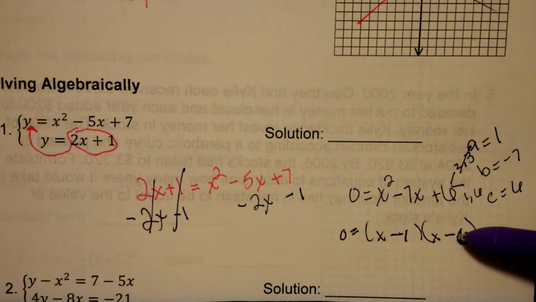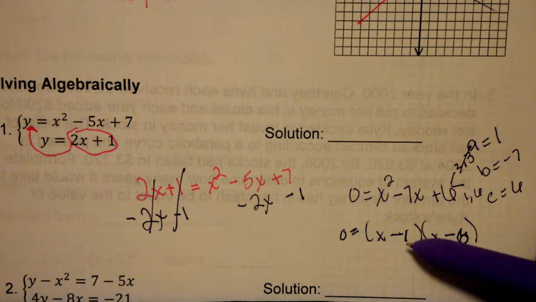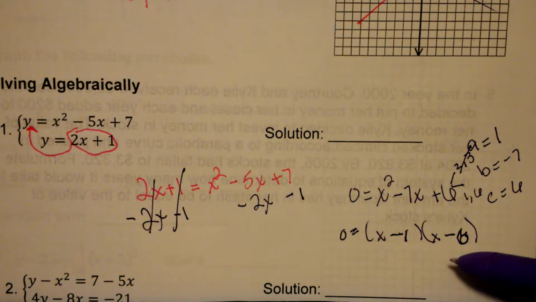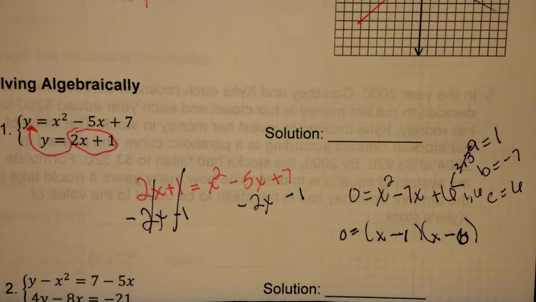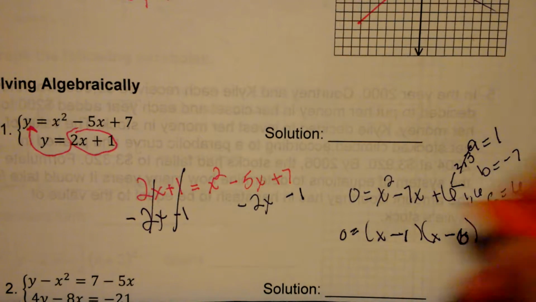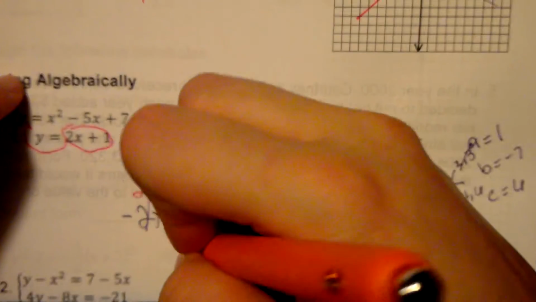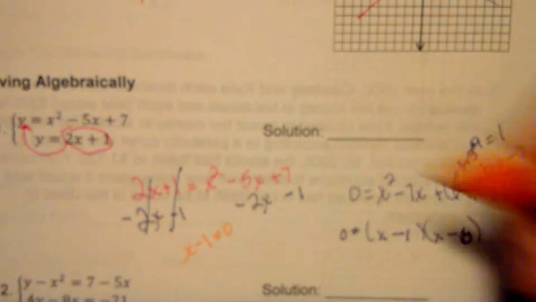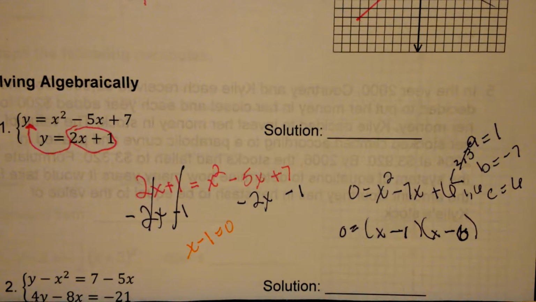So I'm multiplying two things that equal 0. So either one of them is 0, or they're both 0. Or I have no solution. That's my 0, 1, or 2 solutions. So if x minus 1 equals 0, that means x had to be positive 1.